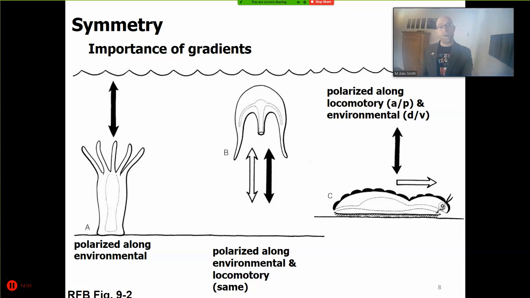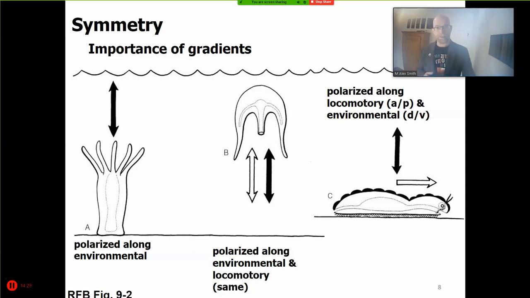That gives a gradient already, up and down, or deeper and more shallow, maybe is a better way to phrase that. It's still a pretty simple environment, though. We still haven't introduced a particular gradient that affects feeding or respiration. So let's talk about that.